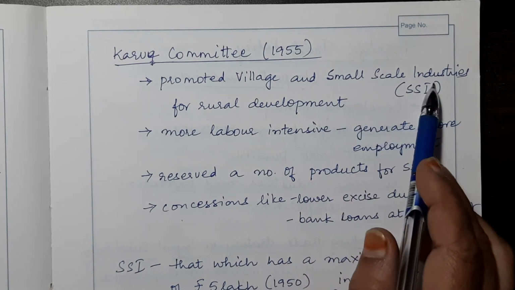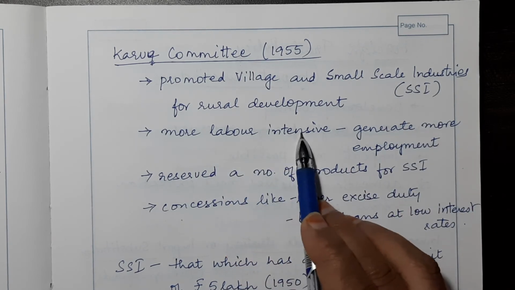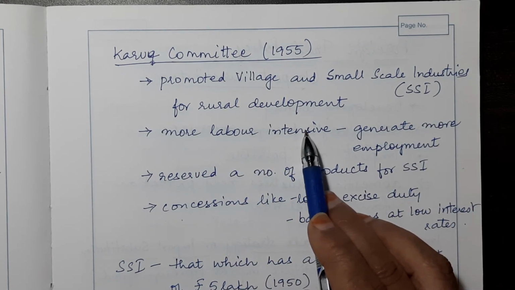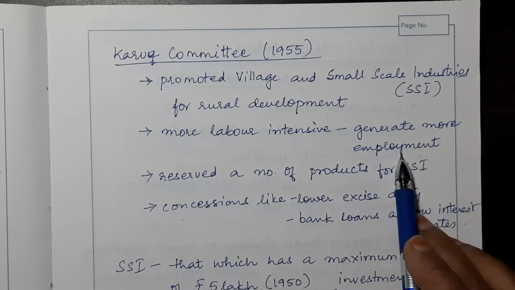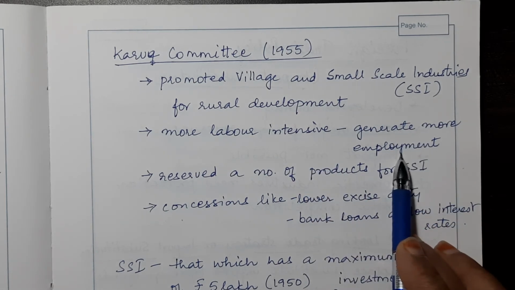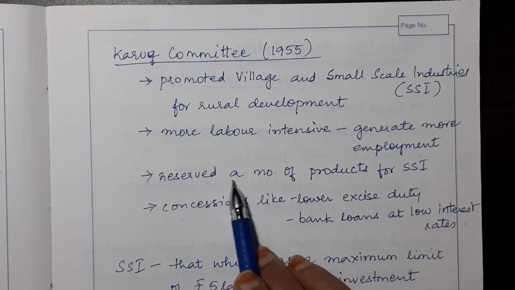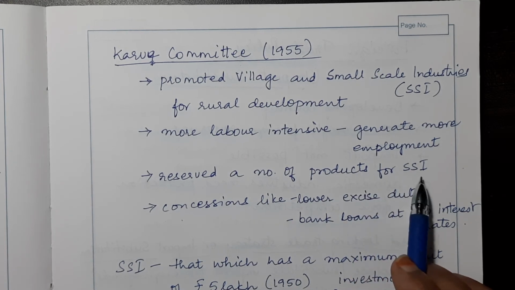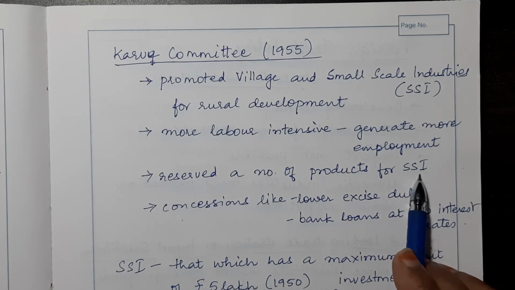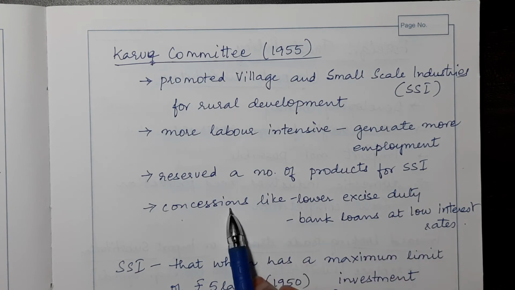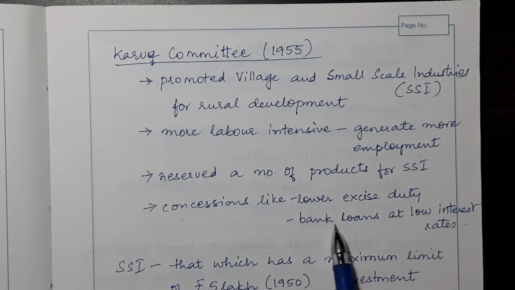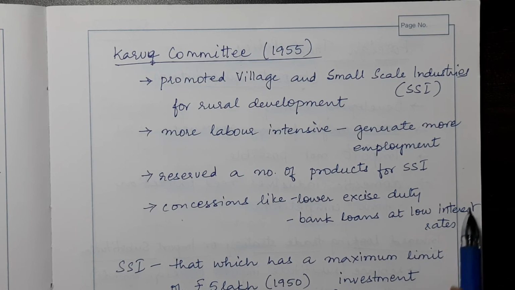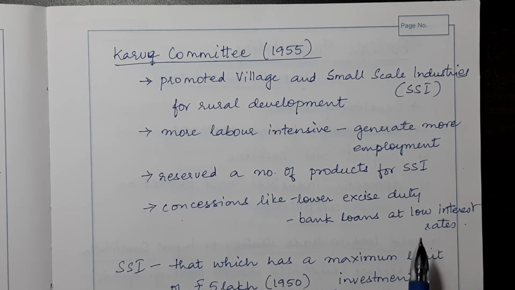Because small scale industries are more labor intensive, as they will be in the rural areas, and this would generate more employment for the rural people. The government reserved certain products which would be produced only by the small scale industries. These small scale industries were given concessions like lower excise duty and bank loans at lower interest rates, only to promote and protect them.